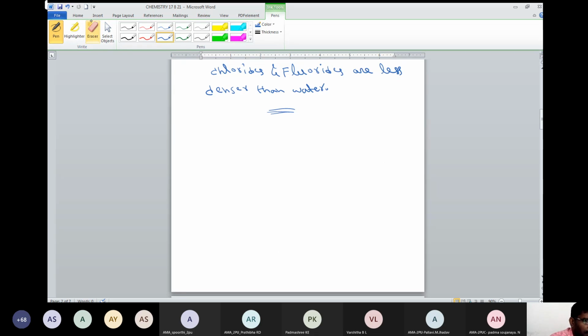The next one is isomerism. Sometimes they will ask about it, but isomerism I already explained in the first PO. I am just giving an example.